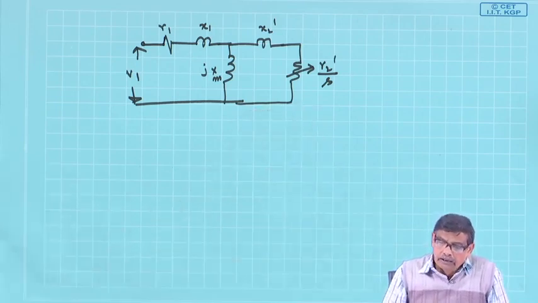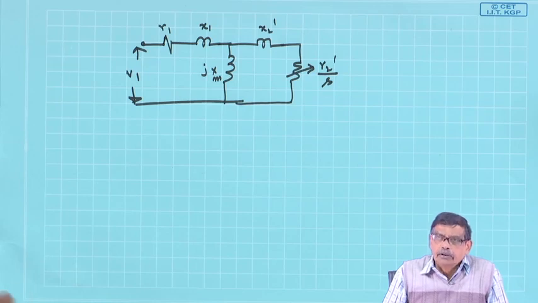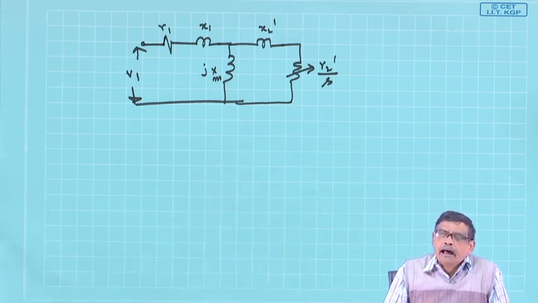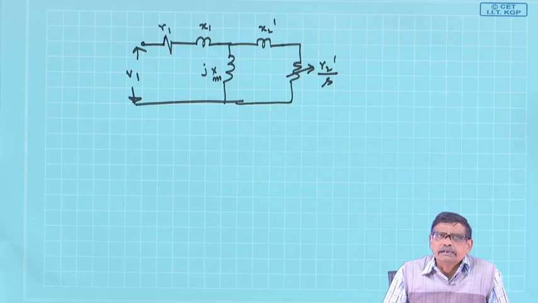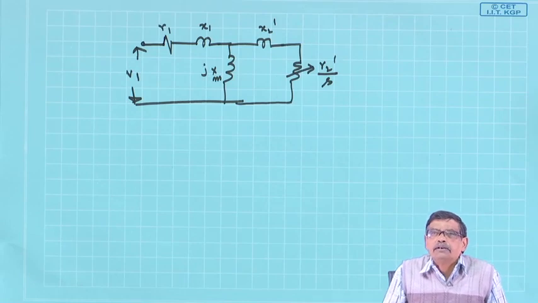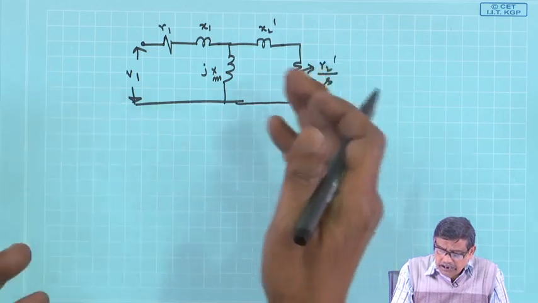Therefore, once the number of poles is the same, I can always think those poles have been created by an equivalent 3-phase winding on the rotor, whose per phase resistance is R2 dashed and X2 dashed.